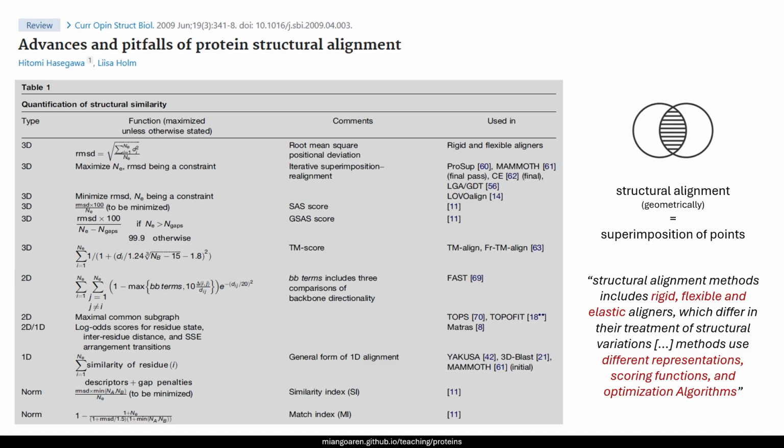And the important thing here is that all the metrics we have to compare protein structures are based on different representations and different methods of scoring these similarities, as well as algorithms that optimize this process of determining structural similarity.